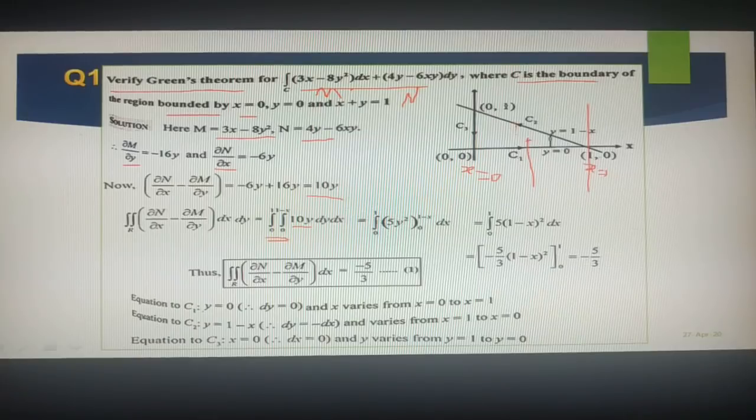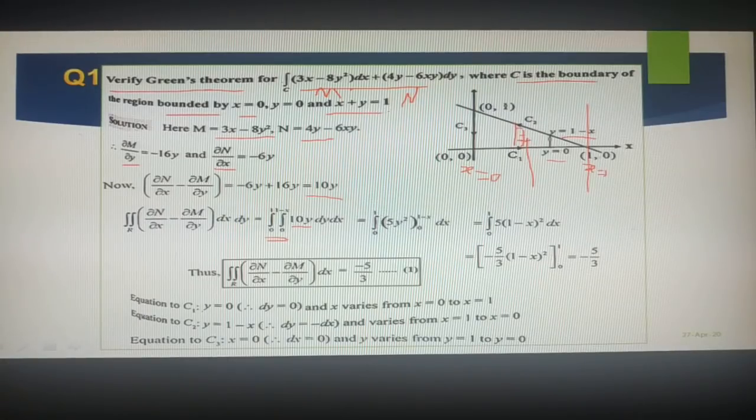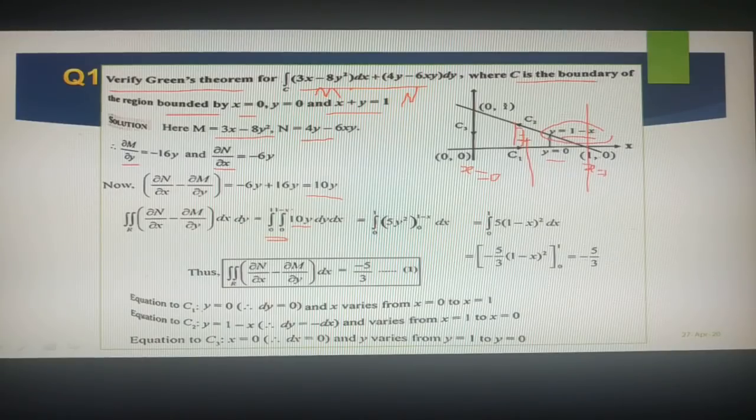You may remember we call this a vertical strip. Moving from x equals 0 to x equals 1, y is entering at y equals 0 and exiting at y equals 1 minus x, because we have x plus y equals 1, and I can write y in terms of x.